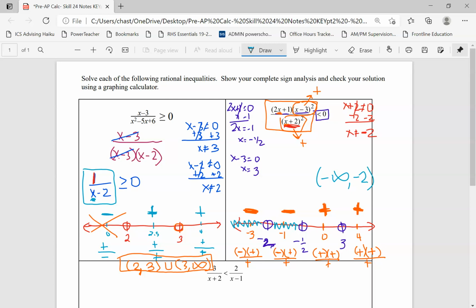I stop at -2 because -2 is where we have that vertical asymptote. And then we pick up again from -2 to -1/2. And remember, it can't be equal to -1/2 because of the inequality symbol being just less than. All right, so this is our solution for that one.